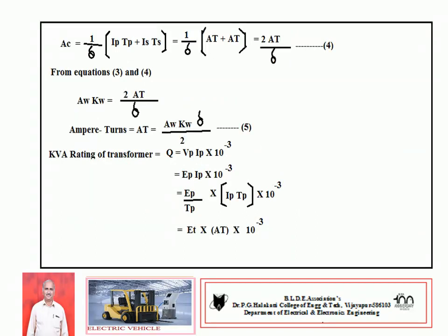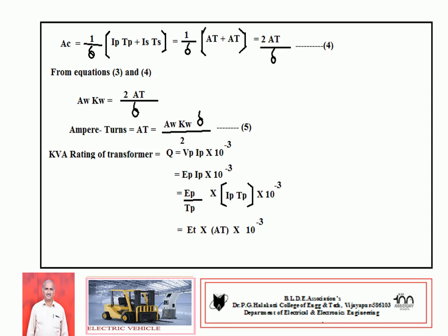So now the expression for total copper area in the window becomes: current density is common, so you take 1 divided by current density outside, and inside the bracket IP into TP plus IS into TS. Already we know IP into TP is the primary winding ampere turns, and IS into TS is the secondary winding ampere turns.